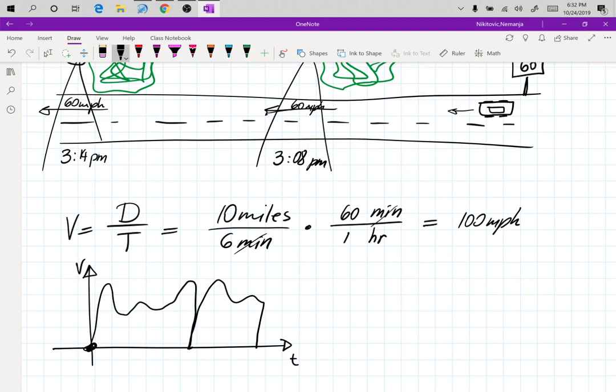Right? This is what the graph of your speed looks like, because you catch up with the traffic, you pass the traffic, you stop on a stoplight or a stop sign, and then you keep driving and so on, and then eventually you end up stopping because you got to school or whatever.